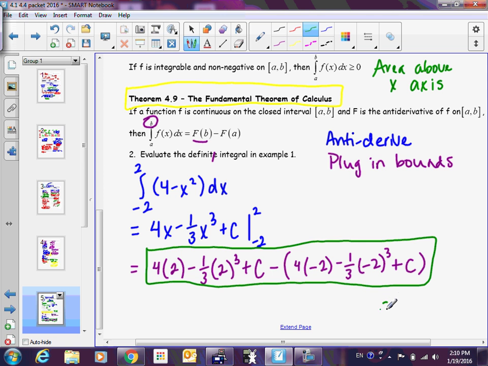And you know the answer should be 32/3. We already figured that out. That's our multiple choice answer. Here's our free response. And you should be able to do this without a calculator. You're not going to have to do it a lot, but you got to know how to do it.